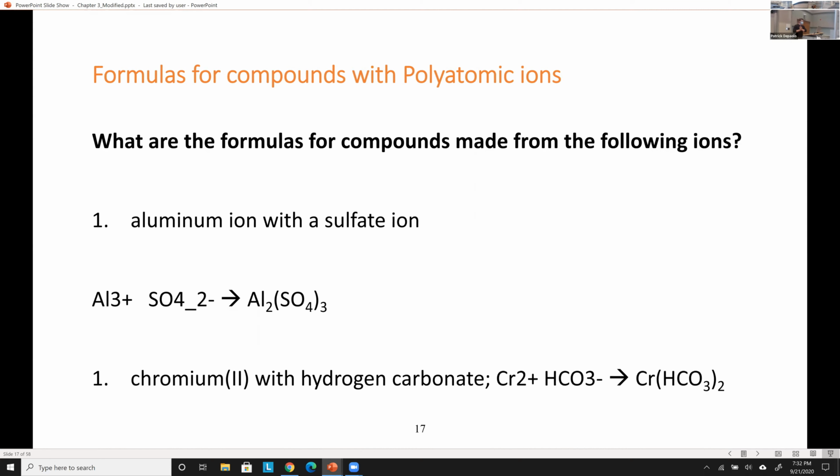That's exactly what you do. And your answer would be Cr, chromium 2, and then hydrogen carbonate, 2 of those. So that would be in parentheses. So yeah, you would basically apply every rule we learned so far, but just to polyatomic ions like that. Okay, does that make sense?